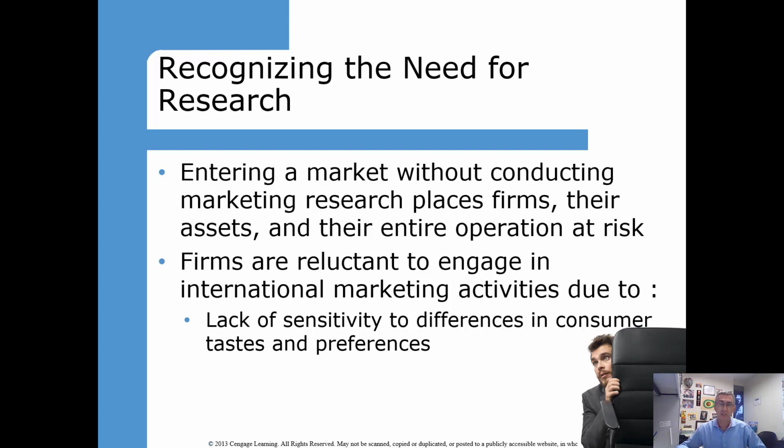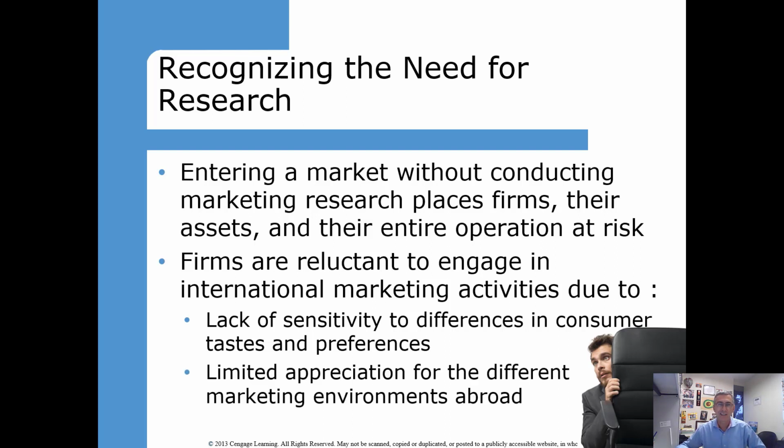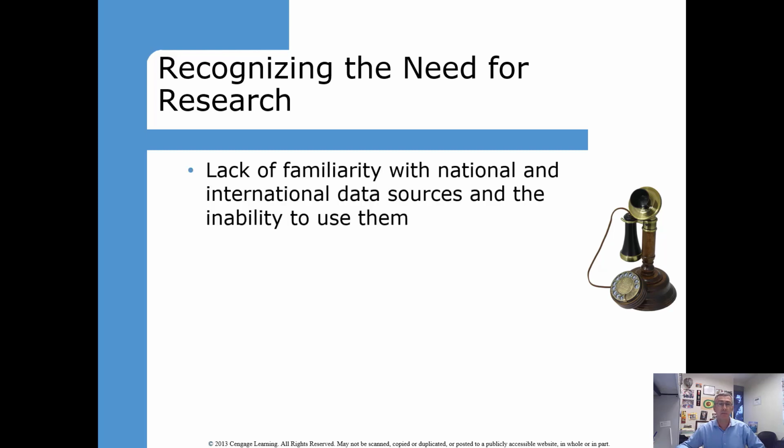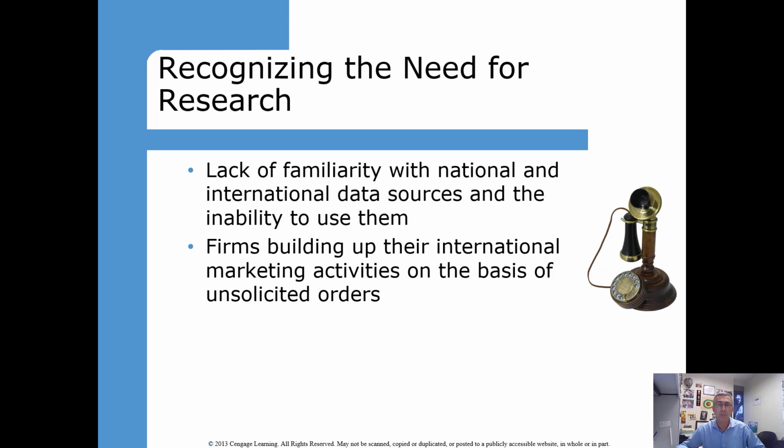So you have to definitely watch that. And then, of course, limited appreciation for different marketing environments abroad is another one. Then there is lack of familiarity with national and international data sources, and the inability to use them. Firms build up their international marketing activities on the basis of unsolicited orders.